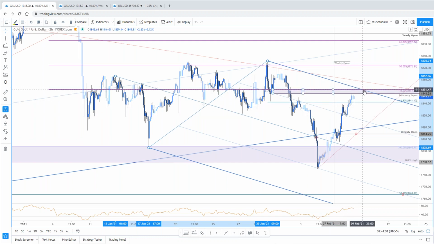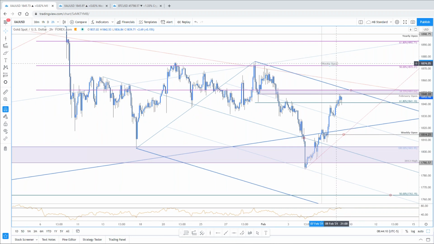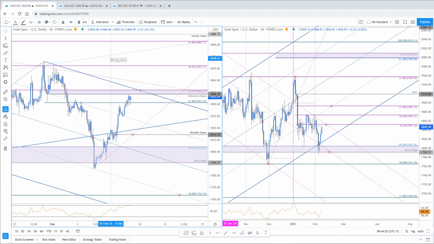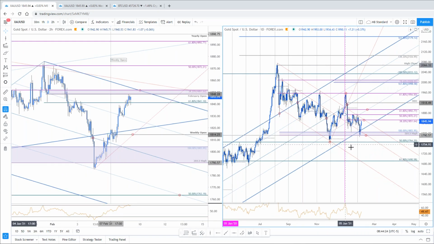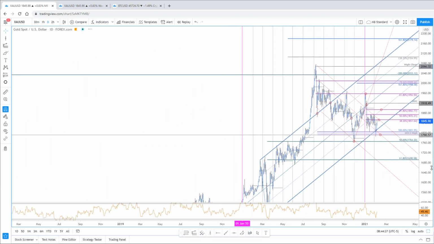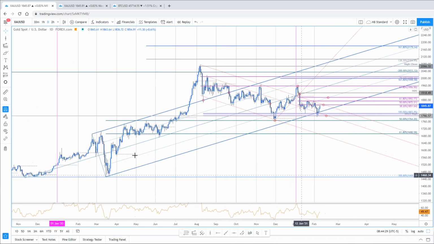Here's the upper parallel. If gold is heading lower, okay, if the decline is not done, we're looking for exhaustion right here. Having said that, guys, I do want to say one thing. The decline has been pretty decent. We took out all the levels that we were looking at into key support. Again, recall that this was our last target, specifically because on the longer term, it converges on this lower parallel.